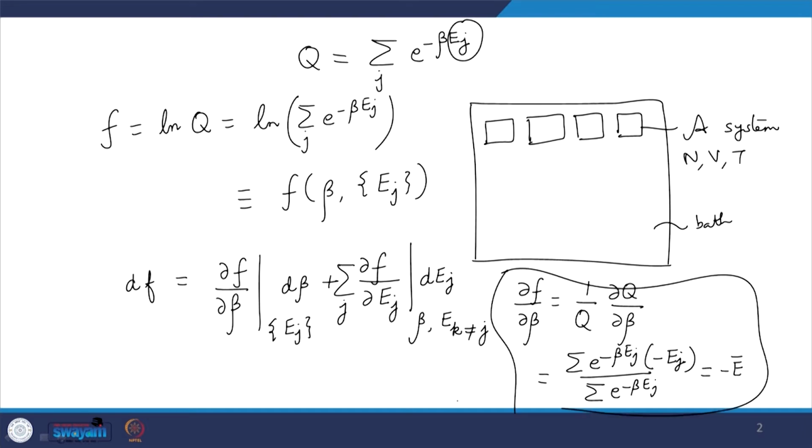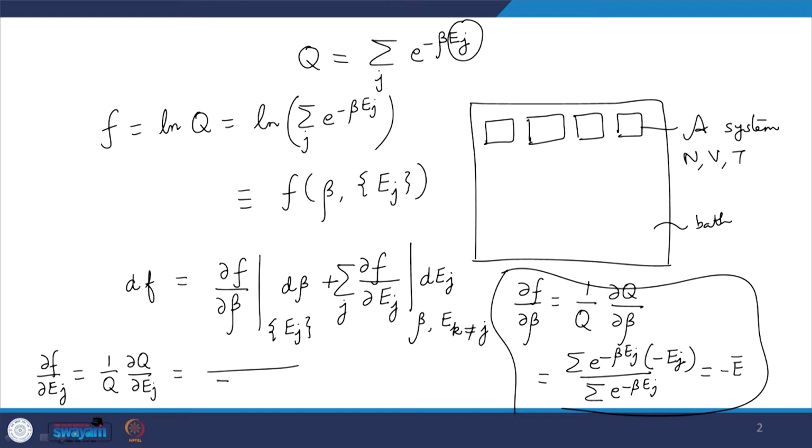Just like we can do that, we can also find dou f by dou Ej, and then we notice that that quantity is 1 by q dou q by dou Ej.